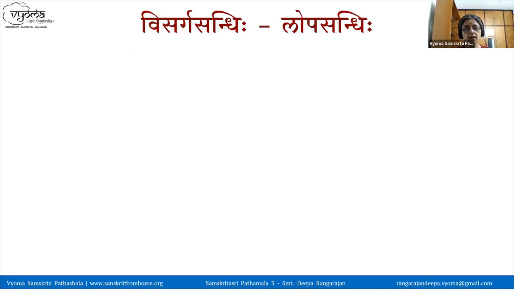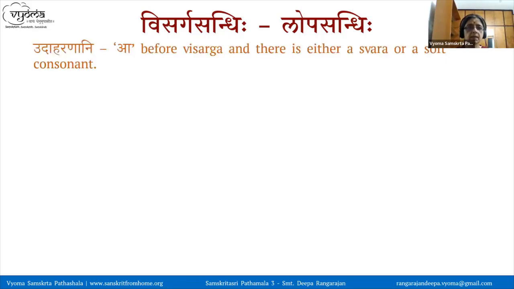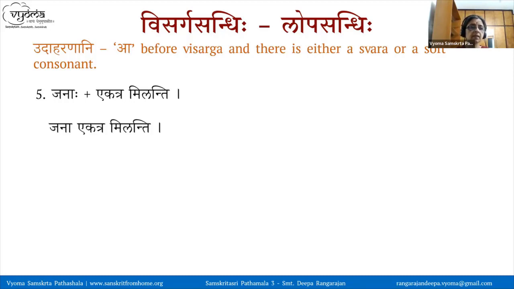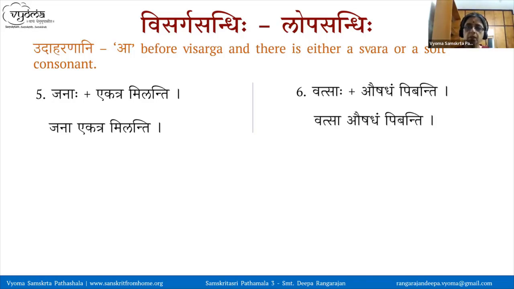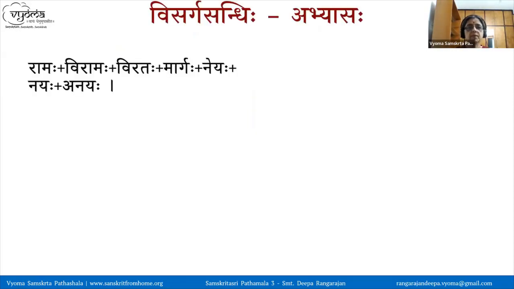If it is Dirgha Akara before the Visarga, then if any swara or Mridu Vyanjana follows, Lopa happens and the Visarga disappears. Janaha ekatra milanti, Jana ekatra milanti. Vatsaha aushadham pibanti, Vatsa aushadham pibanti. I hope this is clear.